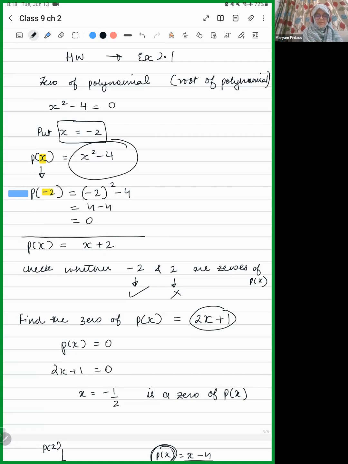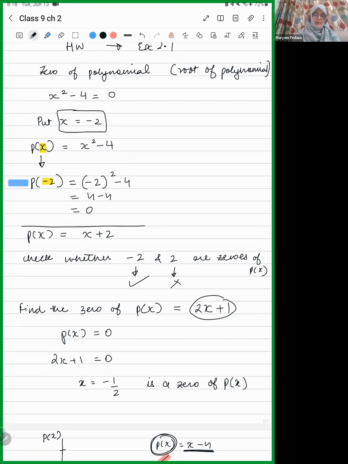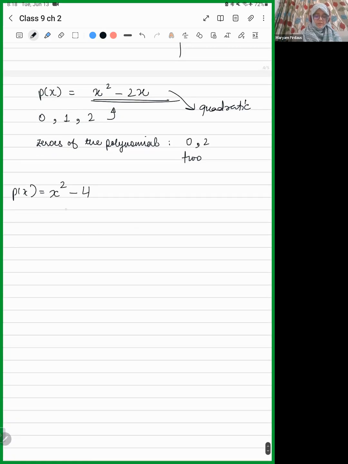See, we have found one more zero over here. So the zeros of this polynomial are 2 and minus 2.